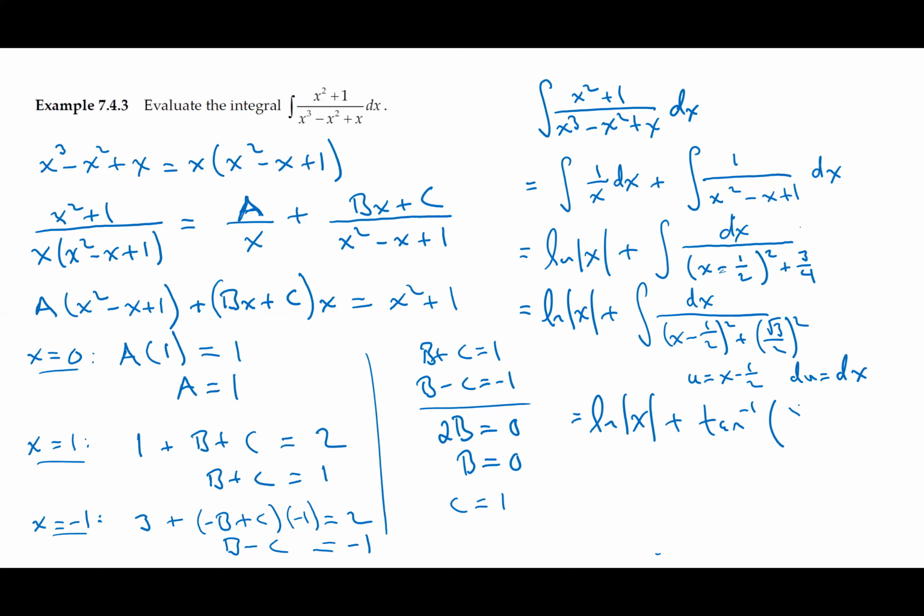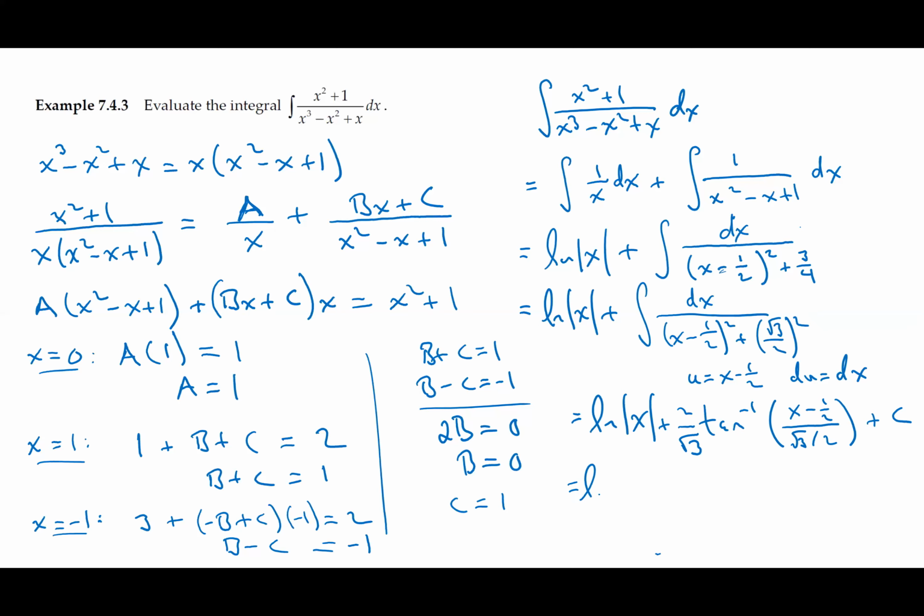And so we have x minus 1/2 over my a. Of course, my a is root 3 over 2. And then all this times 1 over a. So 2, whoop, I didn't give myself enough room. Plus 2 over root 3. And plus a constant, okay?